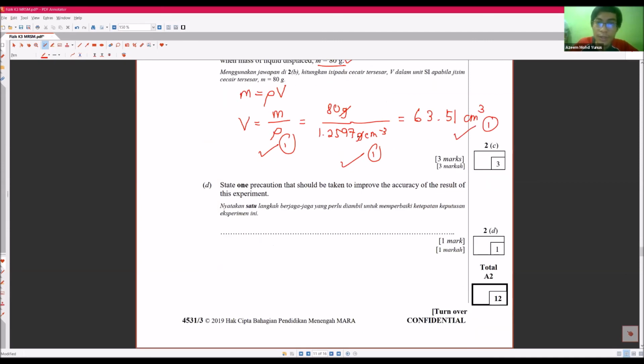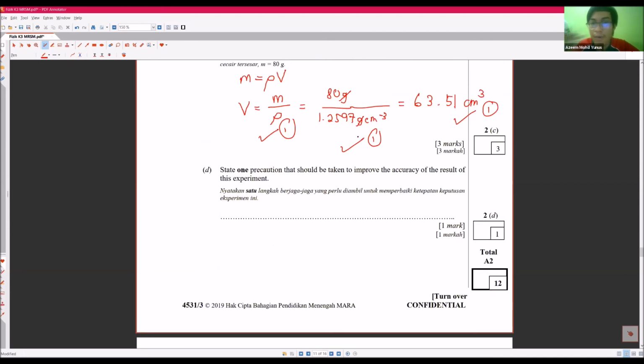Finally, the last question is always going to be about precaution, and the answer must be in the same format for all experiments that have a certain specific precaution, but we don't really pay attention to that. We just use the same answer for all. If you are interested, you can look into that later.